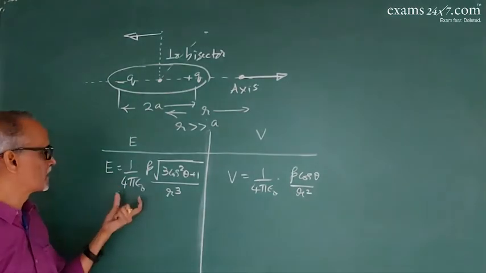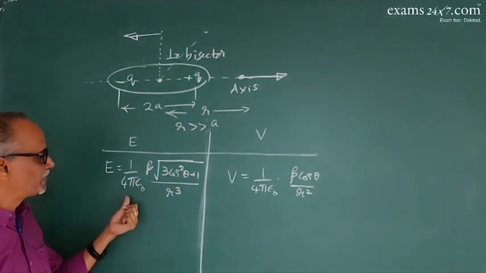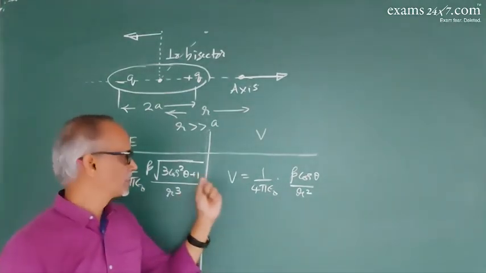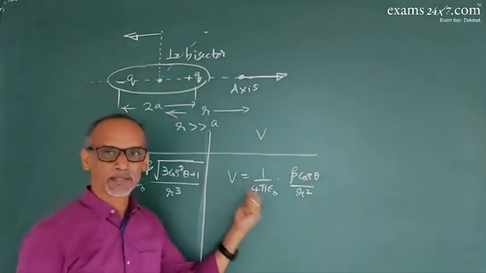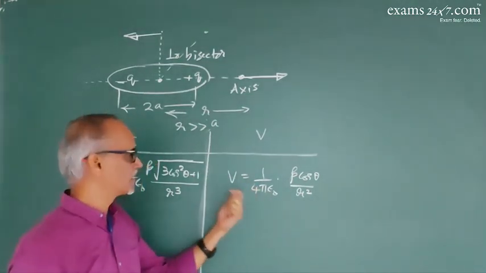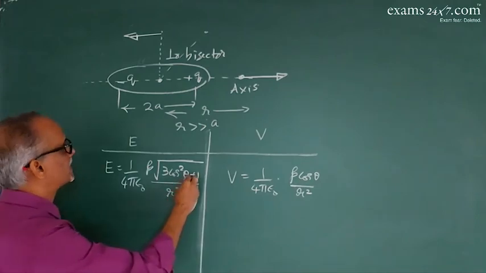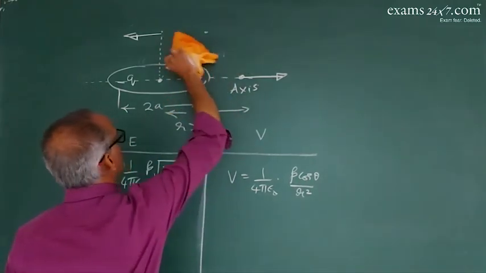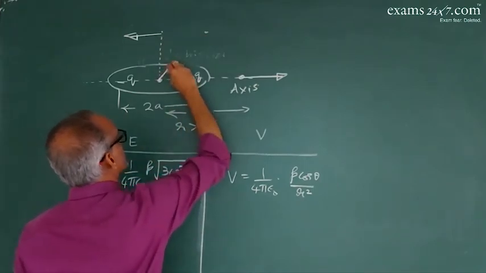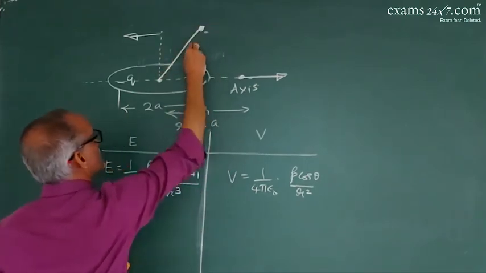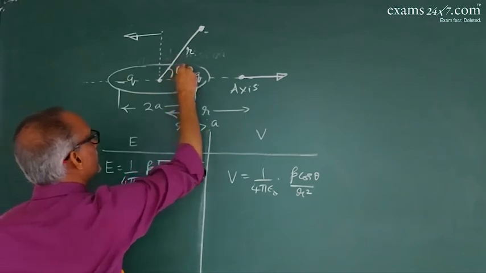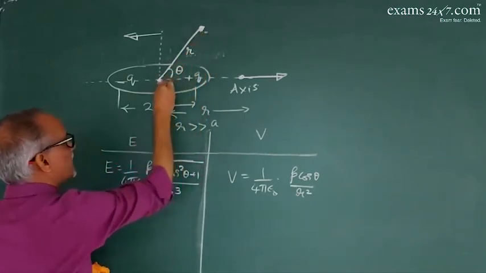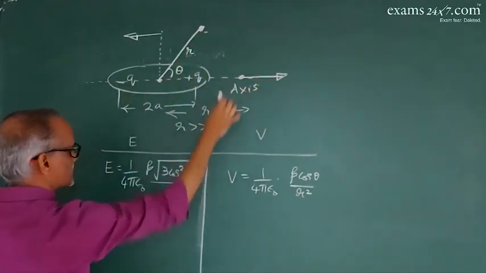So this is the expression for electric field at any point due to a short electric dipole, and the expression for electric potential at any point due to a short electric dipole, where theta is the angle made. For example, if this is the point, at distance r, then theta is the angle made by the line joining the point to the center with the axis. So that is theta.